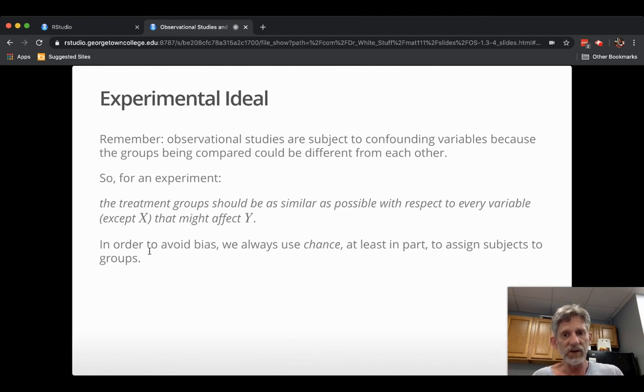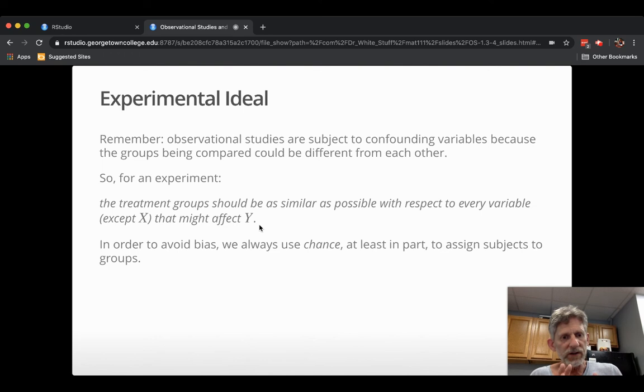so that the different treatment groups are as similar as possible with respect to every variable that might affect the response variable, except, of course, the explanatory variable itself, where they differ in that.